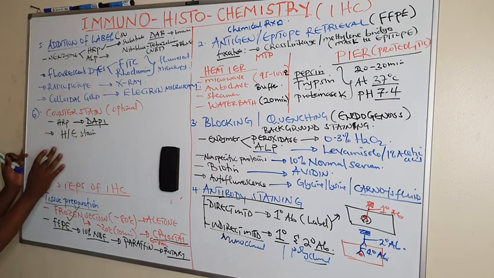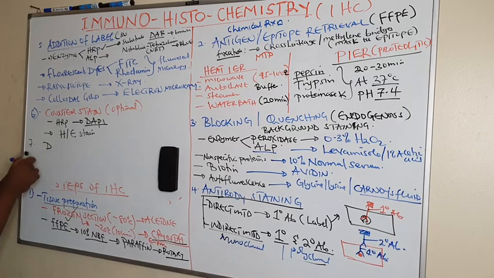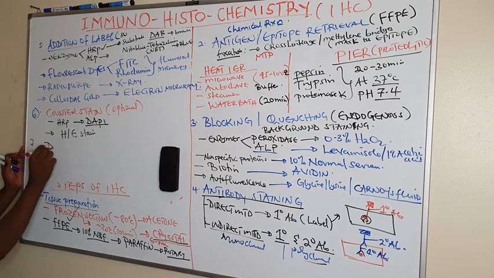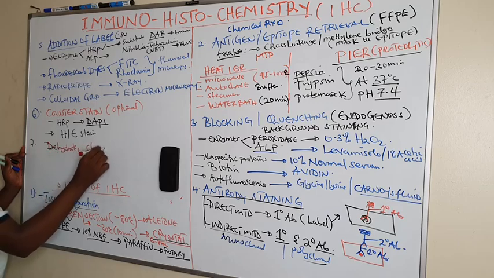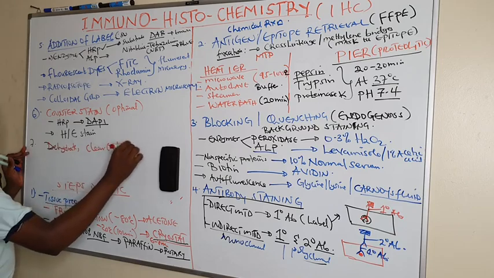Then you wash after counterstaining. The next step will be dehydrating. You dehydrate using increasing changes of alcohol, you clear using xylene, and mount.